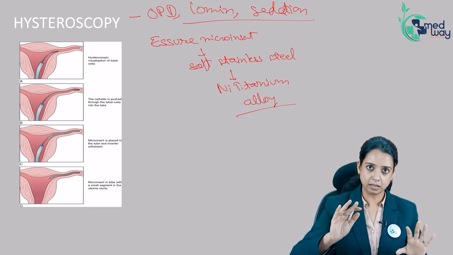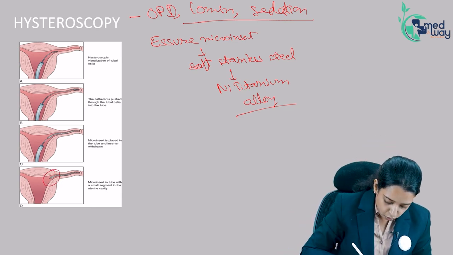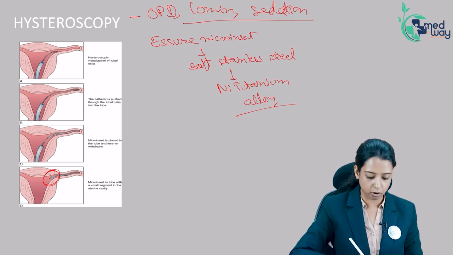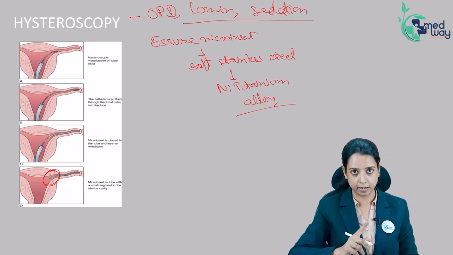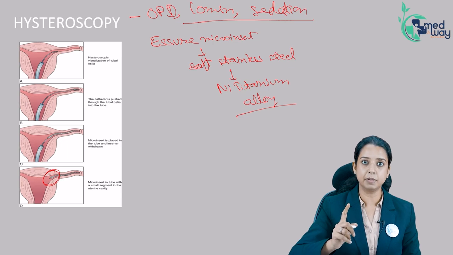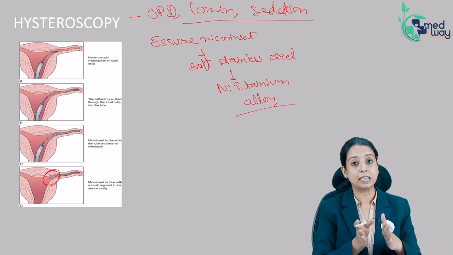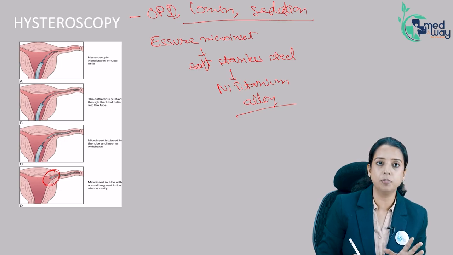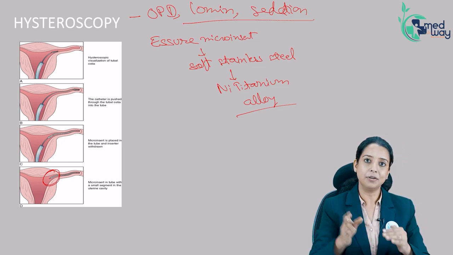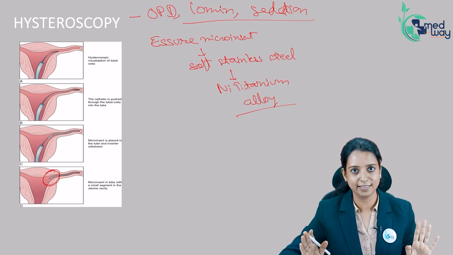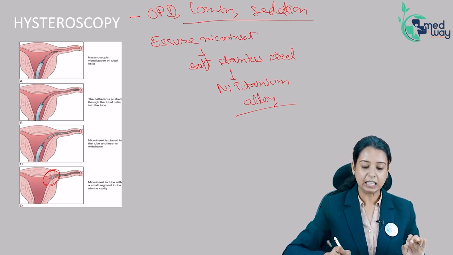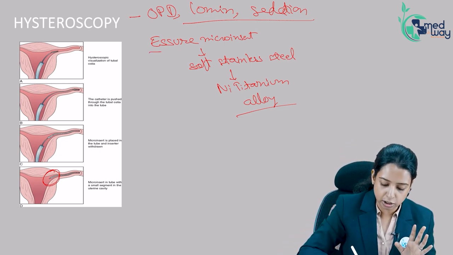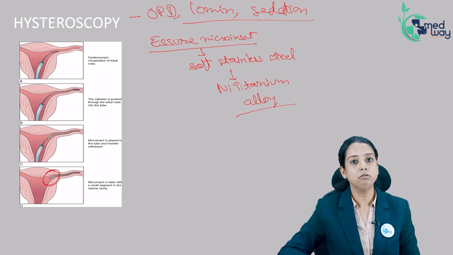When it is completely inserted, 3 to 4 loops of this spring coil will always be visible inside the uterine cavity. If more than this is visible, it means you have not gone sufficiently inside the tube. And if none of the loops are visible, it means you have perforated and gone out somewhere else, right? So this is the hysteroscopic method where you use the Assure micro insert to occlude the tube.